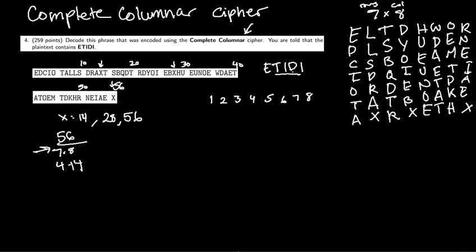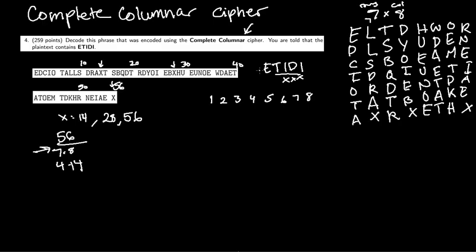So D is probably second to last, which is 7. Because the other I's are also X's, so it's going to be like X, X, X, which means these will also be right before the X's. And the I's don't really matter, so we're going to do those last because we don't know which one it could be.